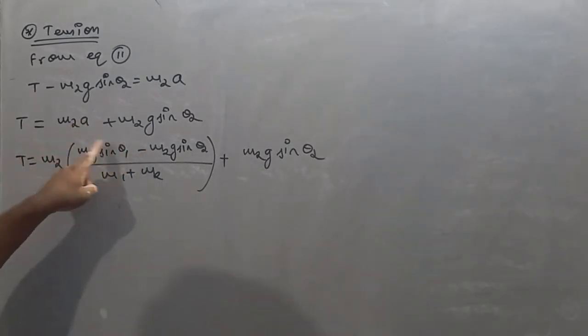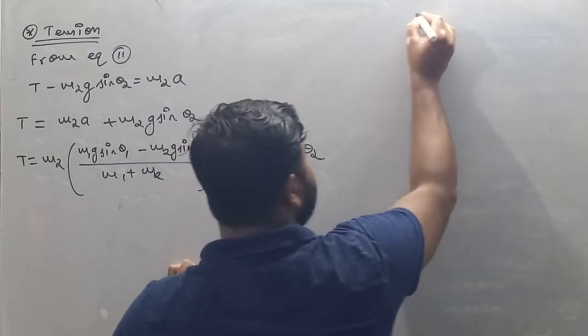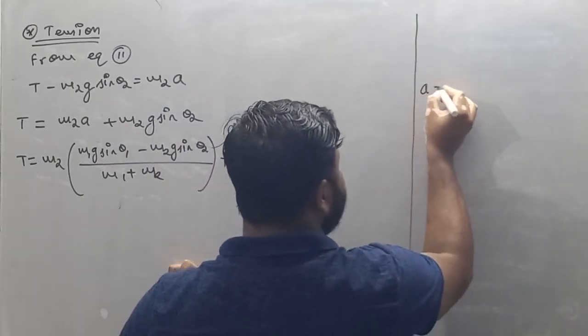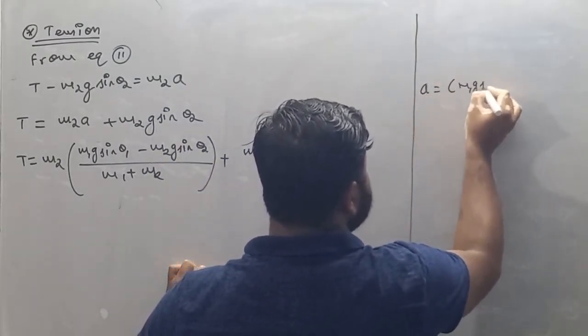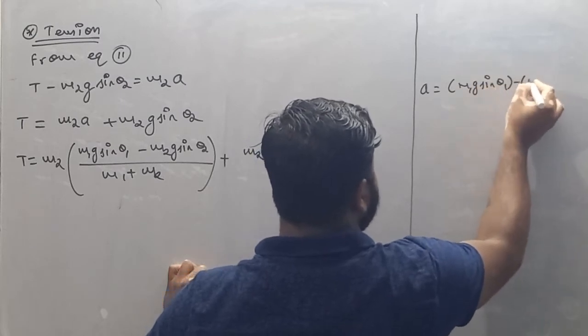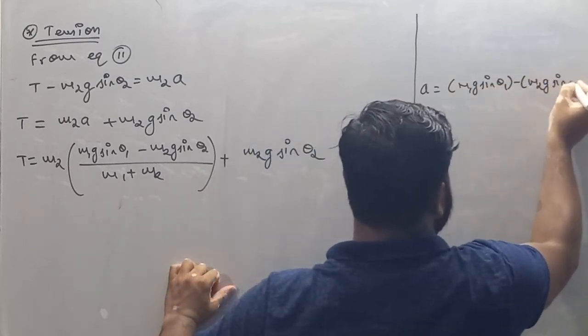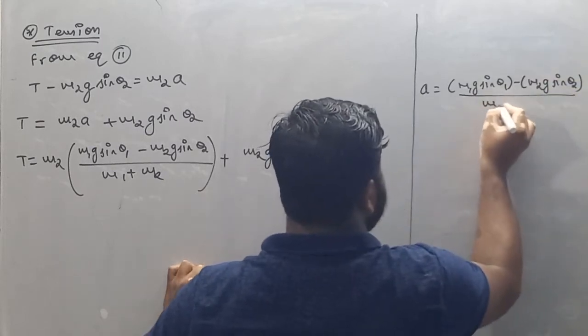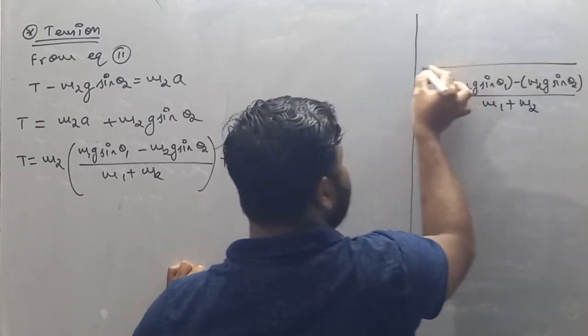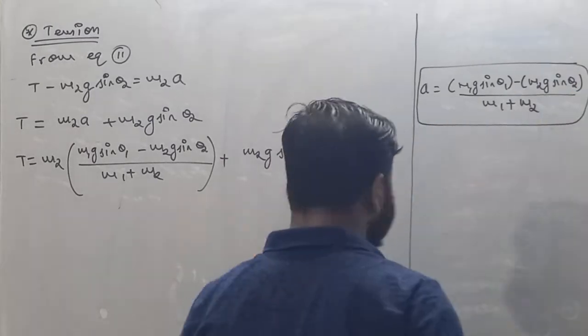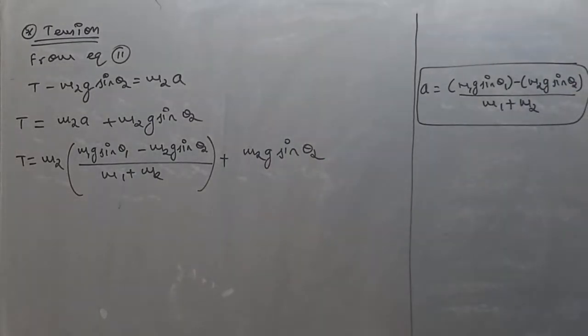Instead of acceleration, I'll put the value of acceleration, because we know that the value of acceleration on a double inclined plane is nothing but m1g sine theta 1 minus m2g sine theta 2 upon m1 plus m2. This is the value of acceleration which we already found in this portion. So T is equal to m1 sine theta 1 minus m2 sine theta 2 upon m1 plus m2 into g, plus m2g sine theta 2.